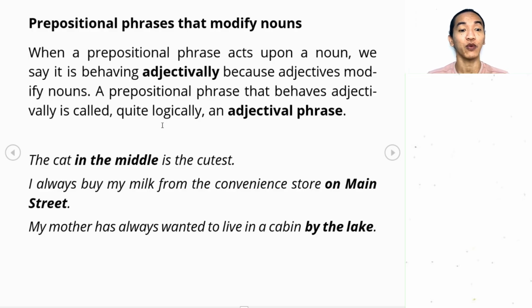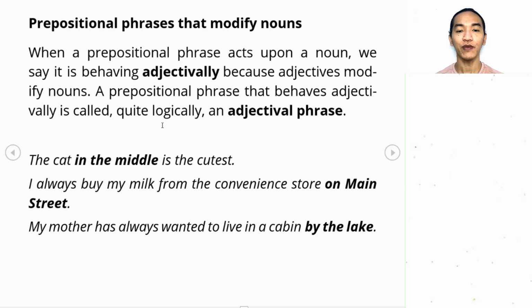The cat in the middle is the cutest. Here the prepositional phrase in the middle describes the cat. The cat is a noun, so in the middle is an example of a prepositional phrase as an adjectival phrase. It describes or modifies the noun cat.